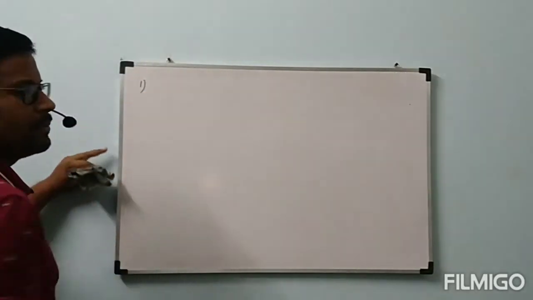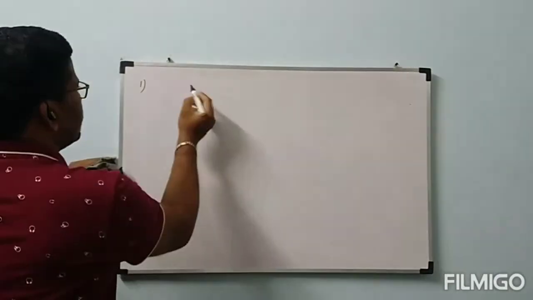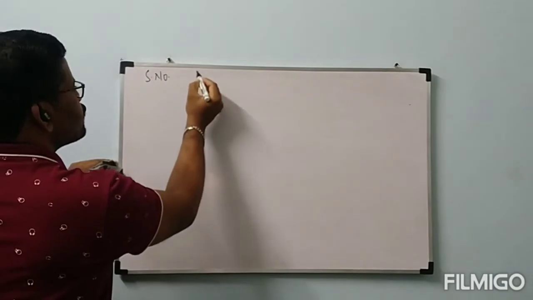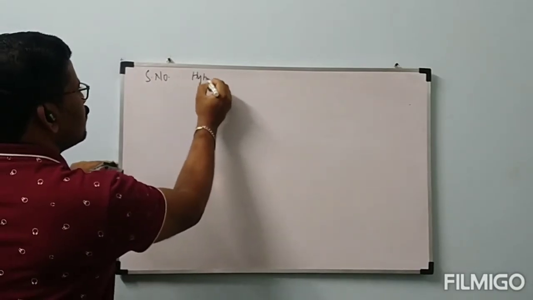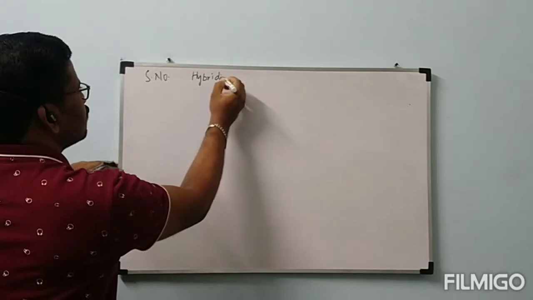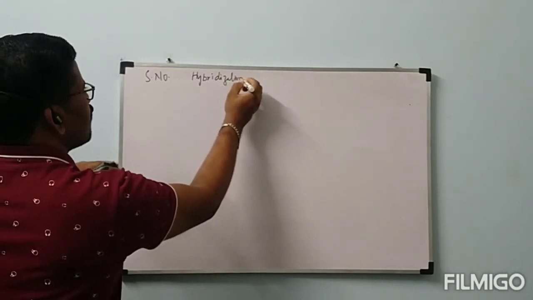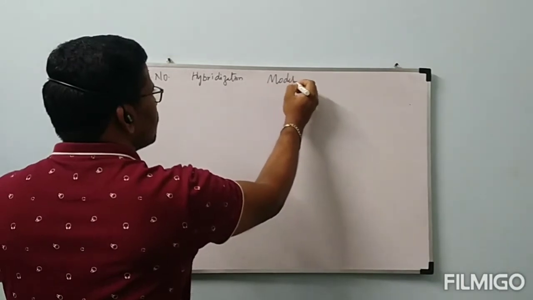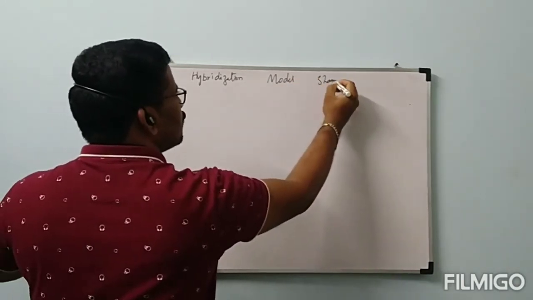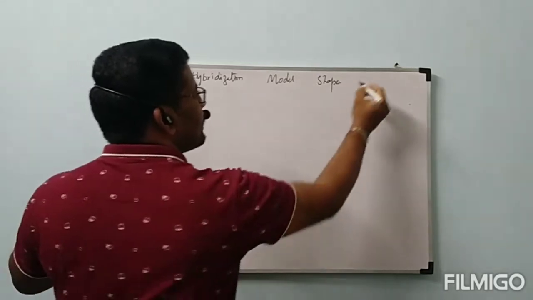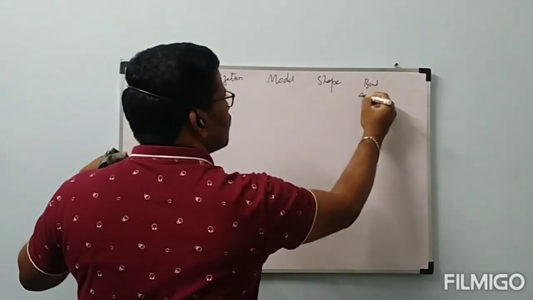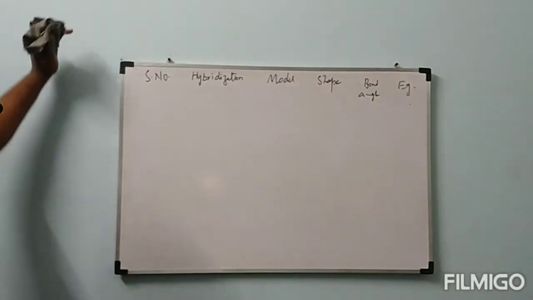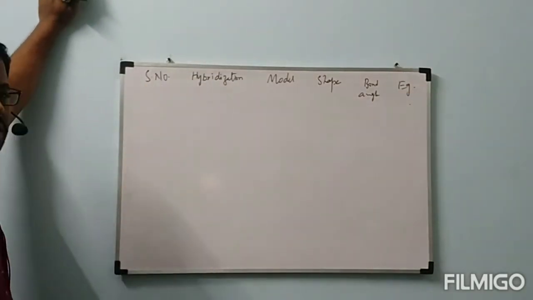Serial number 1. Hybridization. Model. Shape. Bond angle. Example. Like this we have various columns now.